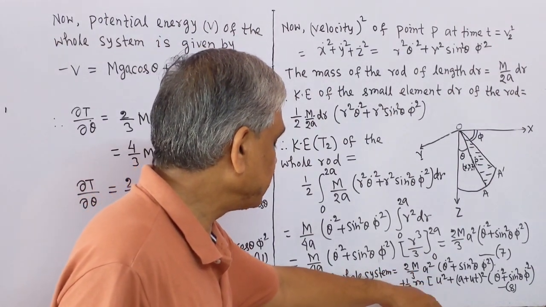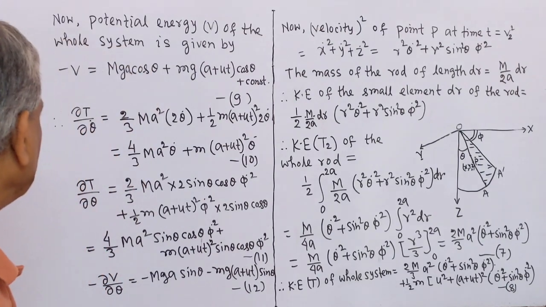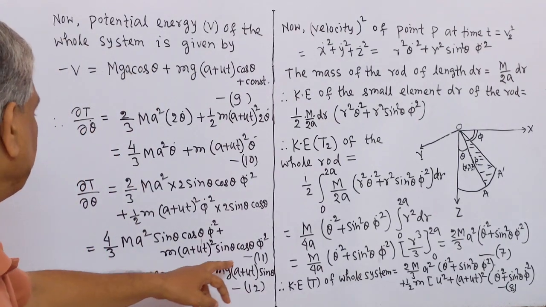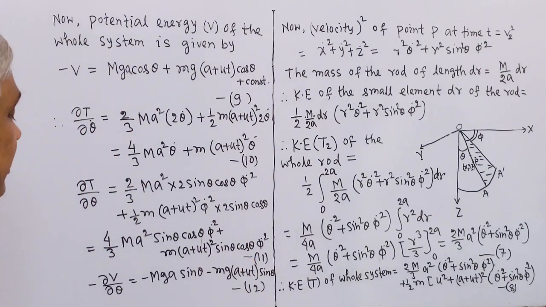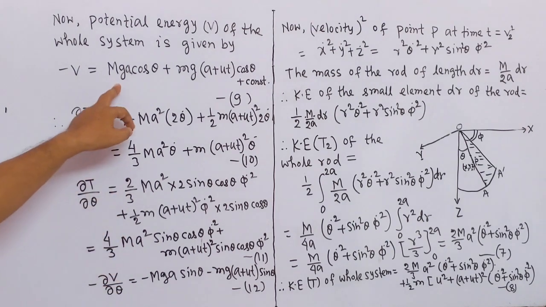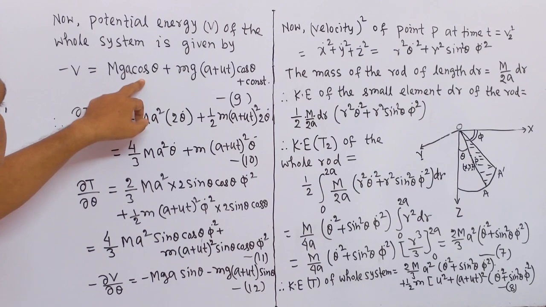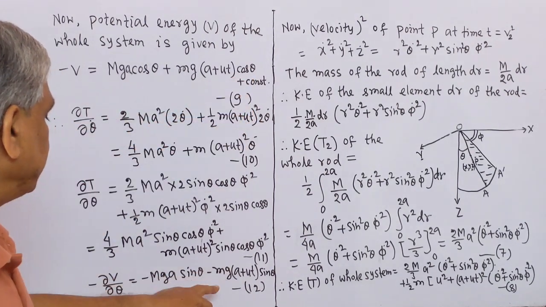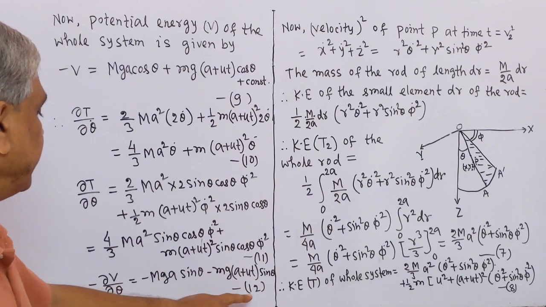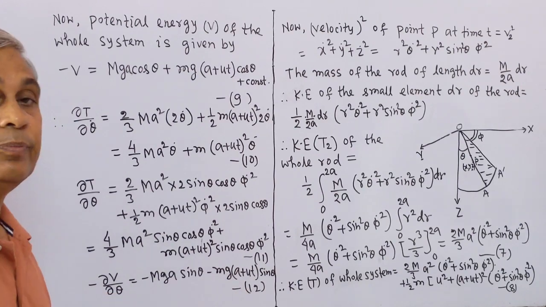We differentiate this partially with respect to theta, we will get this value 11. Now we take minus of the partial derivative of V with respect to theta. Here with respect to theta, this cos theta will be minus sin theta, and this cos theta will be minus sin theta. So we get equation 12.